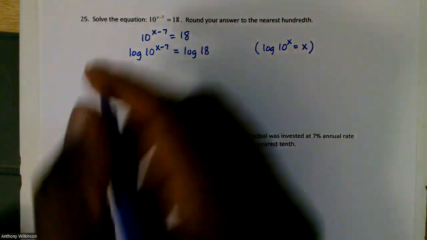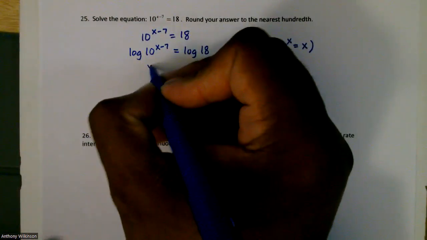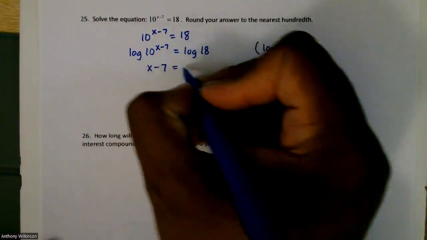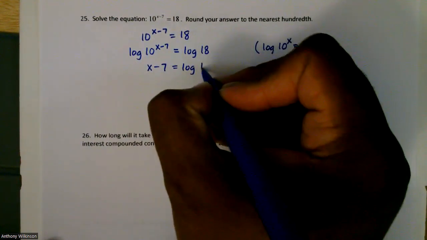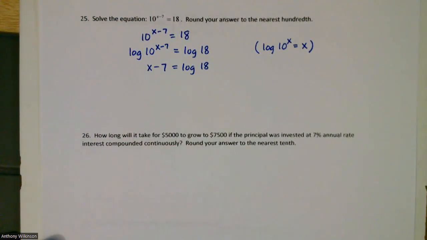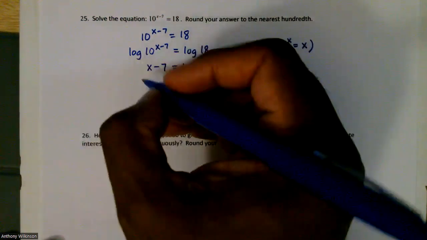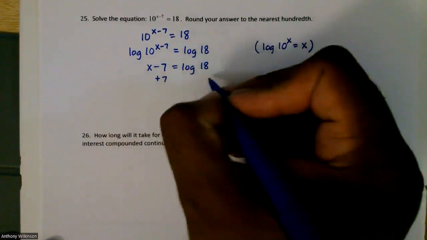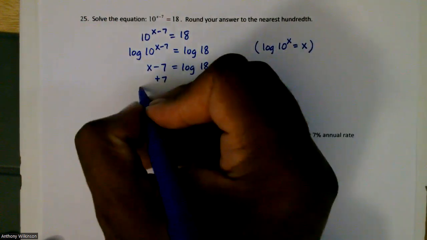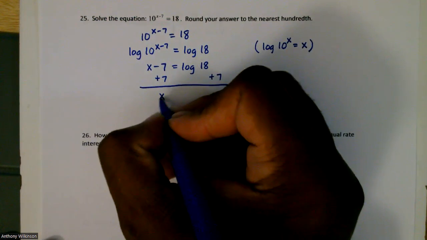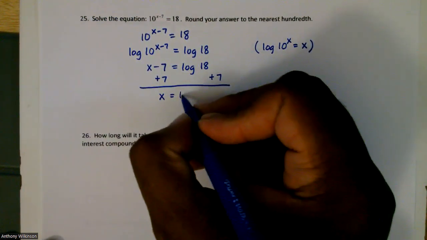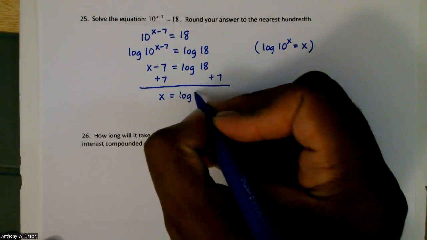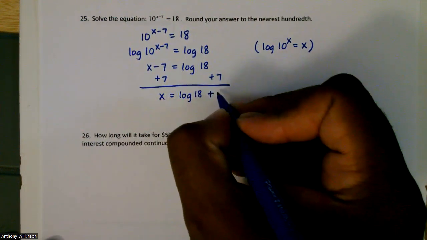So log to the base 10 of 10 to the x minus 7 ends up being x minus 7. Then that's equal to log of 18. Now let's solve this equation for x. We're subtracting 7. We need to add 7 to both sides. So that means I'm going to have x is equal to the log of 18 and then plus 7.